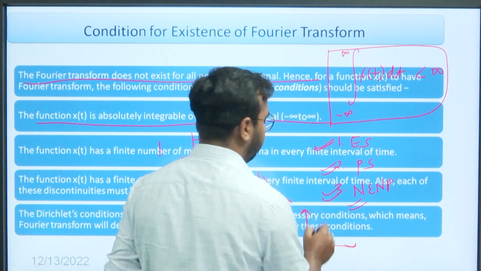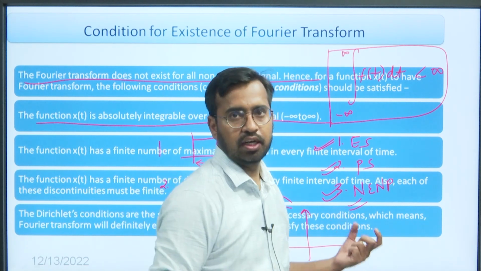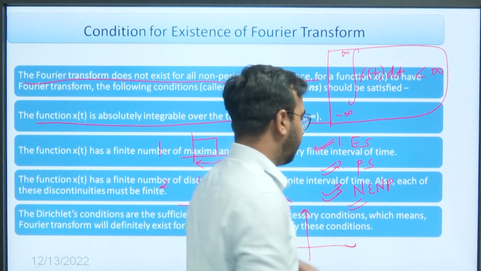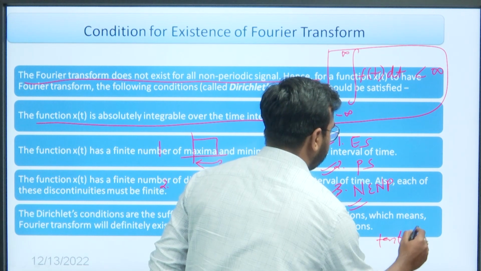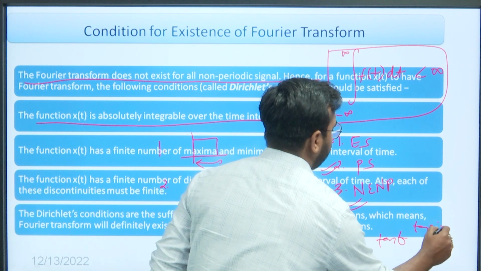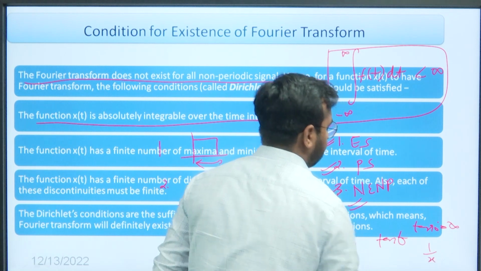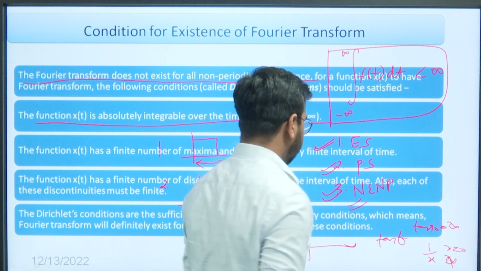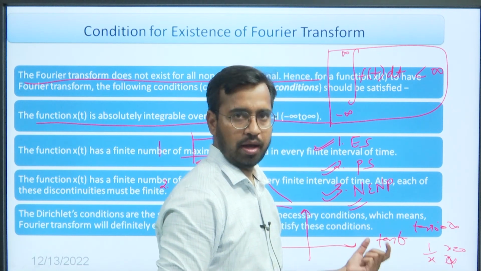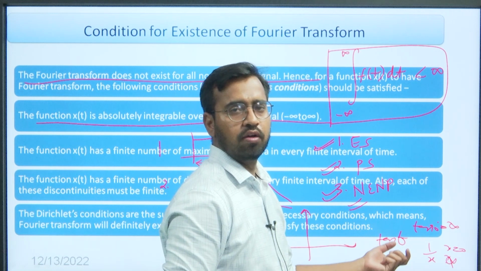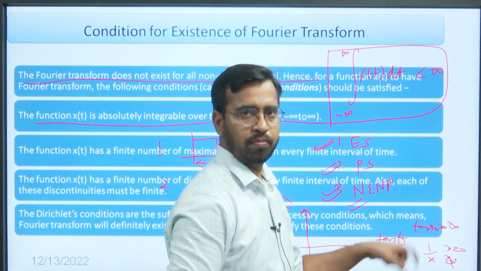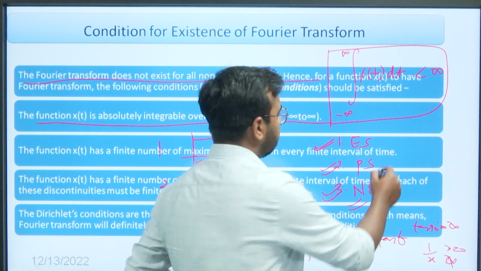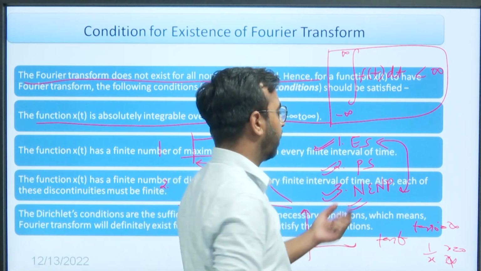For example, tan t, whose value at 90 degrees is infinite, or 1 upon x, which goes infinite for x equal to 0. Excluding these, all the other signals fall in the category of power signal.